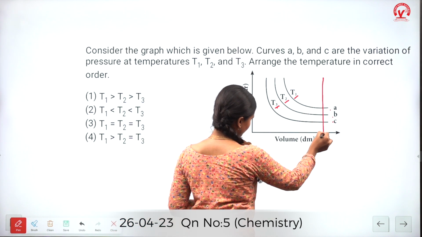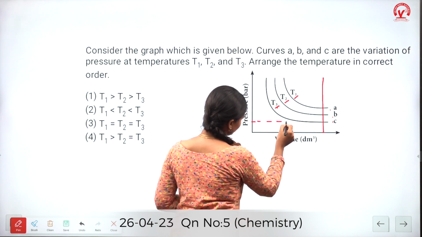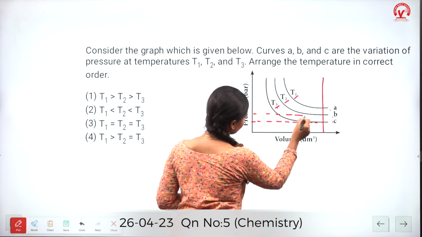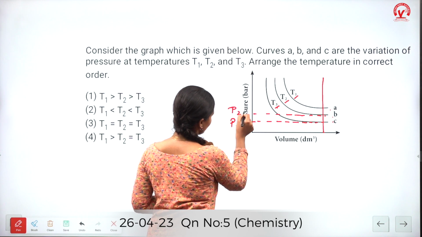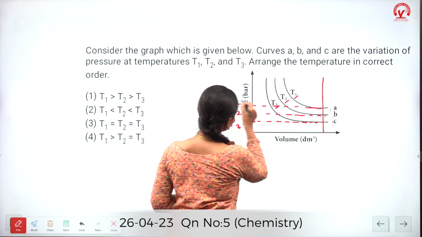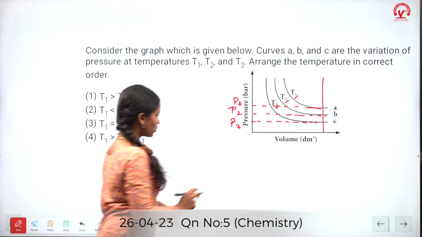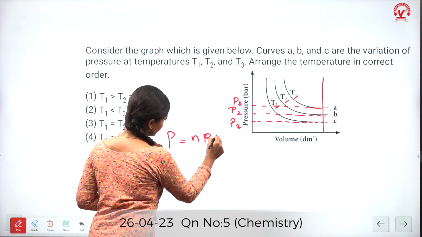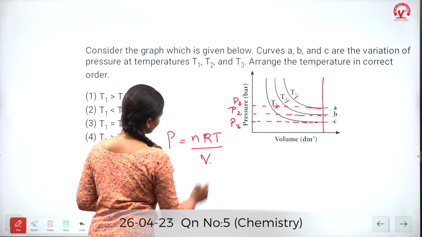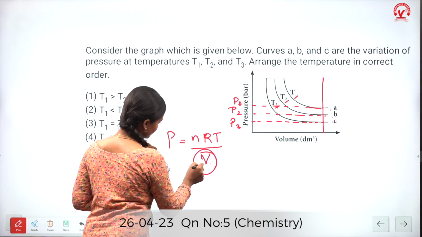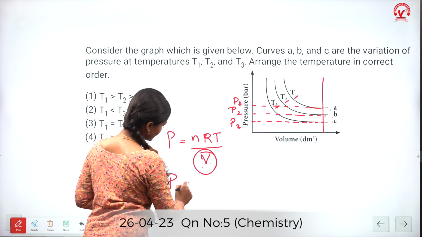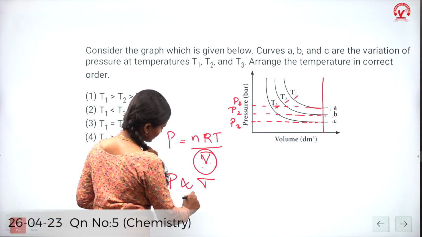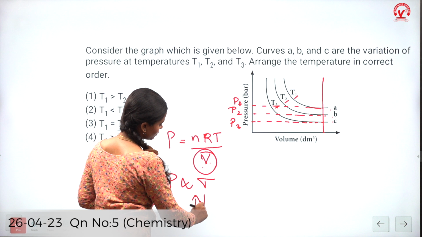If we fix the volume and mark the pressures, this is P3, this is P2, and this point is P1. We know the ideal gas equation, P equal to nRT by V. Here we fix the volume. If we fix the volume, the pressure is directly proportional to temperature. If we increase the pressure, the temperature also increases. If we decrease the pressure, the temperature also decreases.